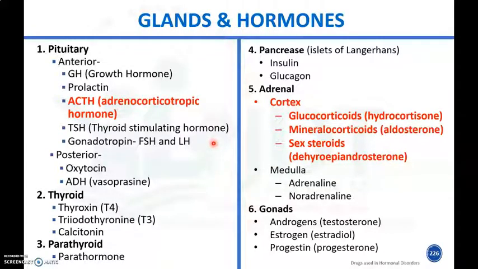So, as we mentioned before, glucocorticoids and mineralocorticoids are the hormones which are secreted from the cortex of the adrenal gland under the influence of adrenocorticotropic hormone, which is secreted from the anterior pituitary.